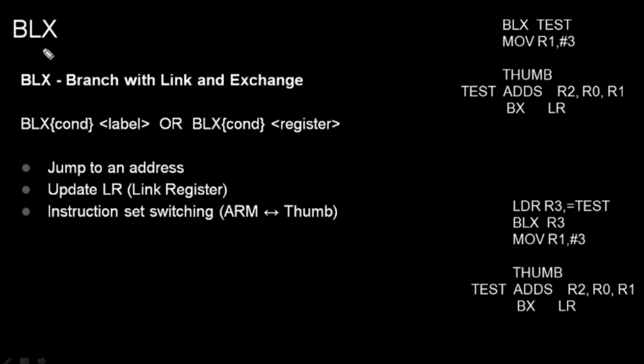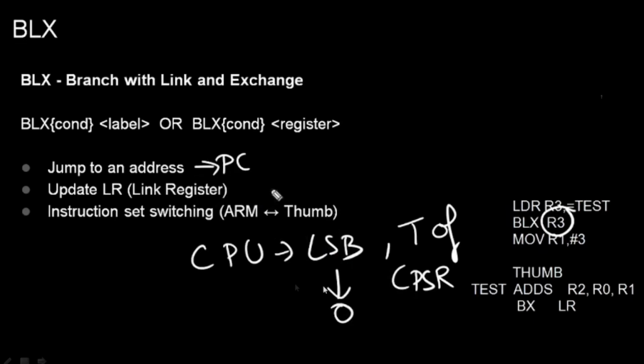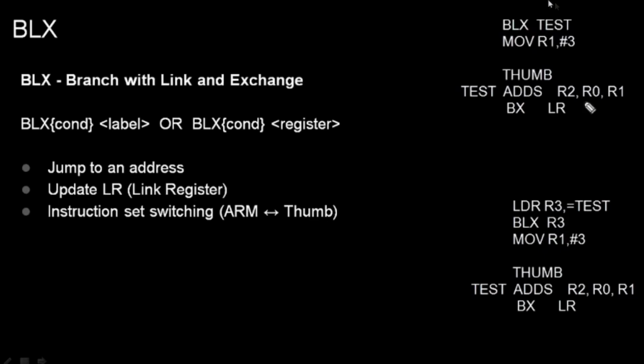So the instruction encoding itself implies the state change, that is, whether the CPU should jump to thumb or not is already determined, and no additional LSB checking is required by the CPU. If we ignore the LSB being set or reset and determining whether ARM to thumb or thumb to ARM switching is required, all the next steps like setting the T bit and updating PC or link register remain the same in the case of both BLX followed by a label and BLX followed by a register.